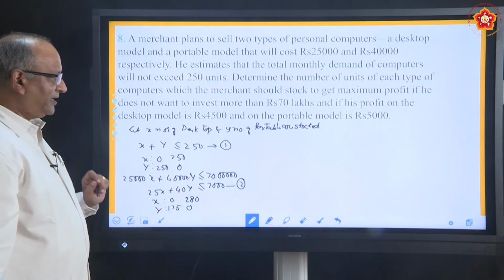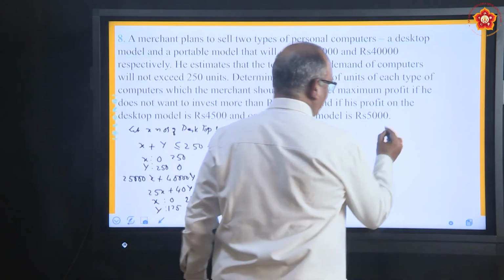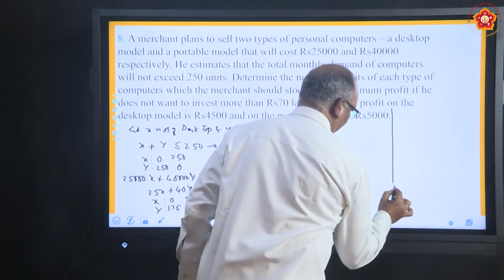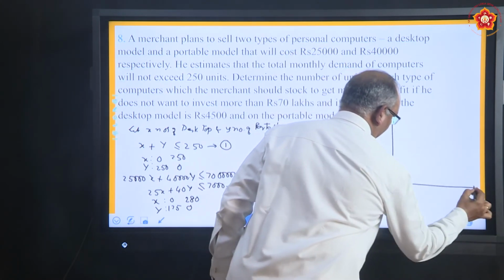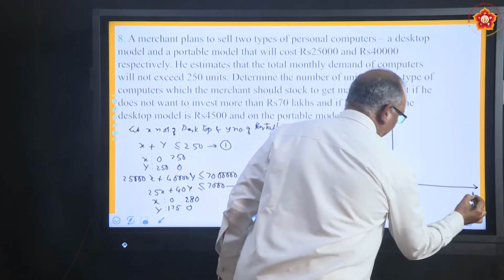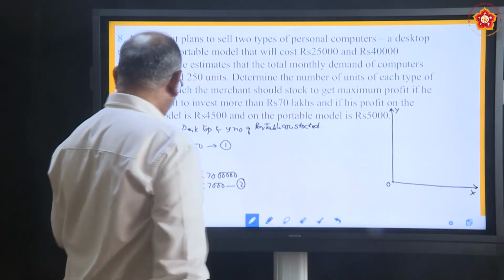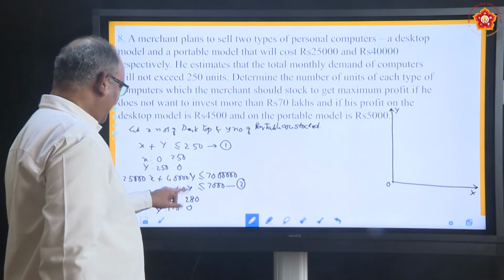Now we will draw the graph. Please pay attention. Here the maximum value is 250, it is 280.